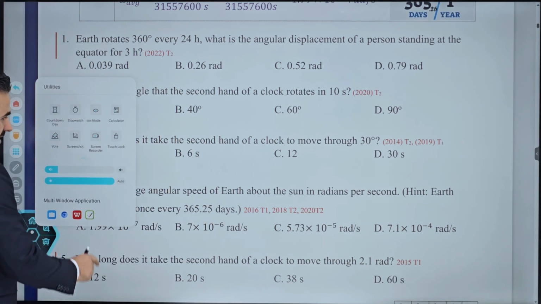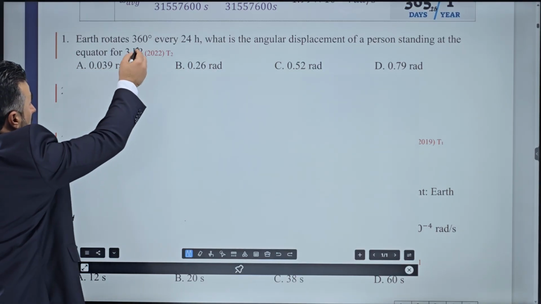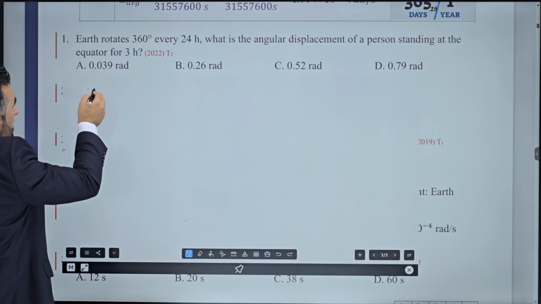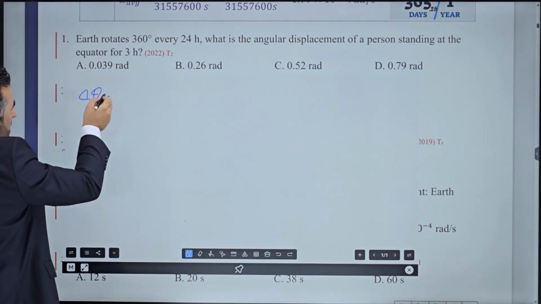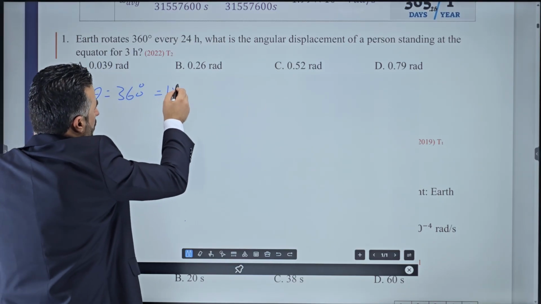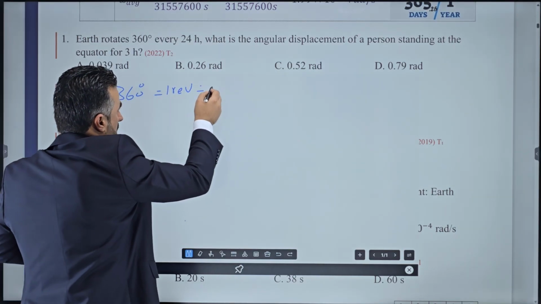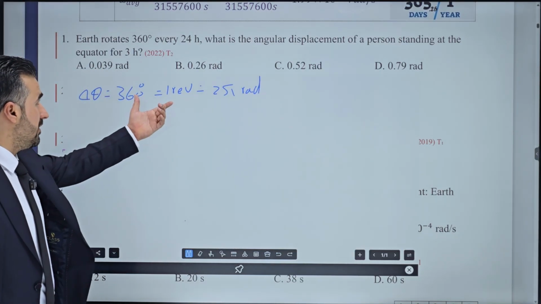Well done, yes, indeed it is. Once again, Earth is rotating 360 degrees. That is delta theta here. So delta theta is 360 degrees, which is the same as 1 rev. Isn't that the same as 2 pi radian? Yes, well done. So these are all the same thing.